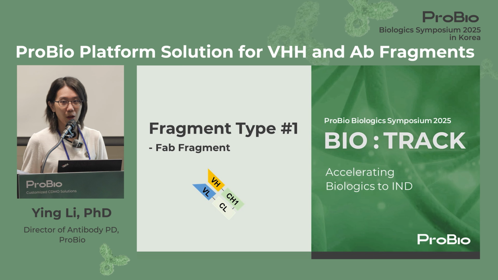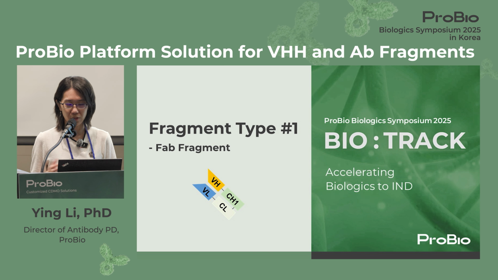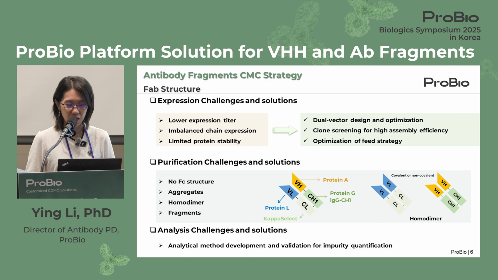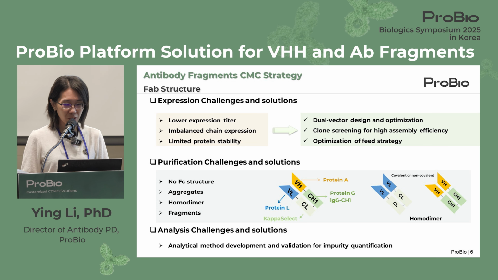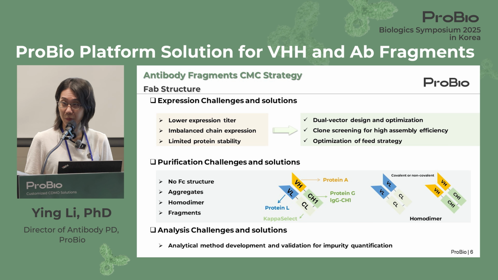So next, I will go through different strategies for different types of antibody fragments, starting with the Fab fragment. For the Fab fragment, the typical challenges we have seen during expression are sometimes lower expression levels compared with IgG, and a lot of times imbalanced chain expression.